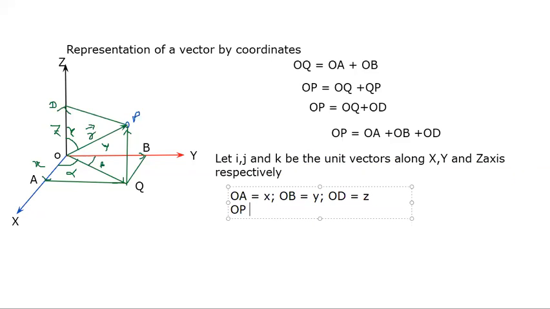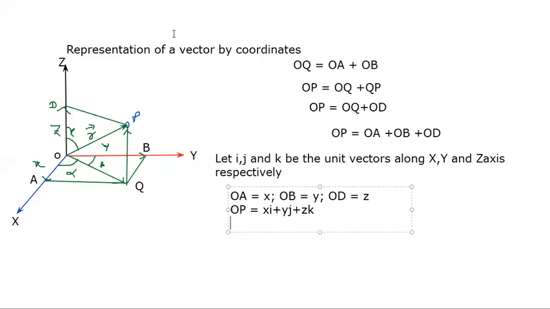We can write OP is equal to, instead of OA, x i cap plus y j cap plus z k cap, right? So I have represented vector OP as x i cap plus y j cap plus z k cap.